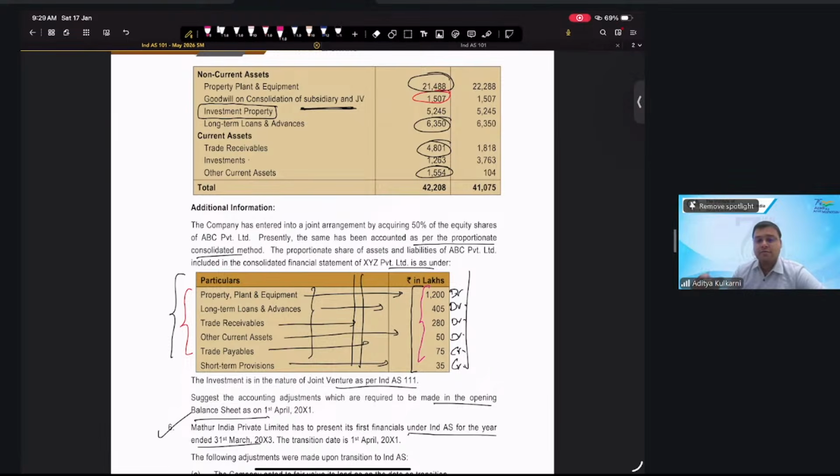And of course, you have certain items in the balance sheet which are not forming part of this. Those could pertain to the parent. I do not deny that. But as far as these items are concerned, it is implicitly assumed that parent does not have any of these. These are items solely belonging to the joint venture and the subsidiary. Is it okay? Yes.